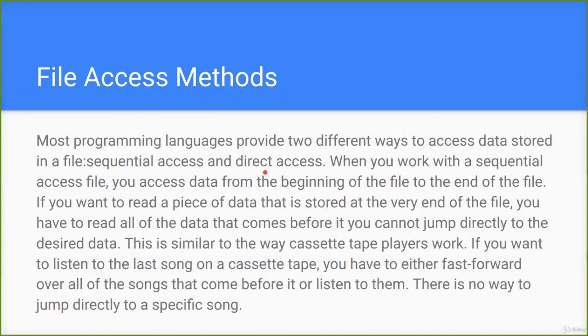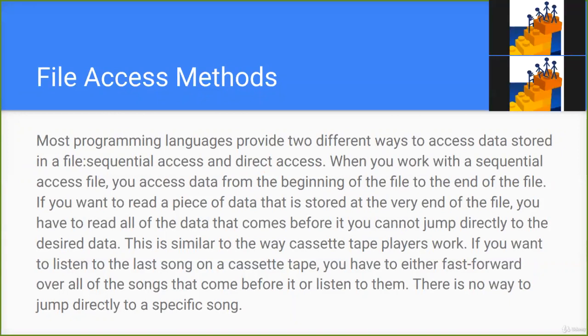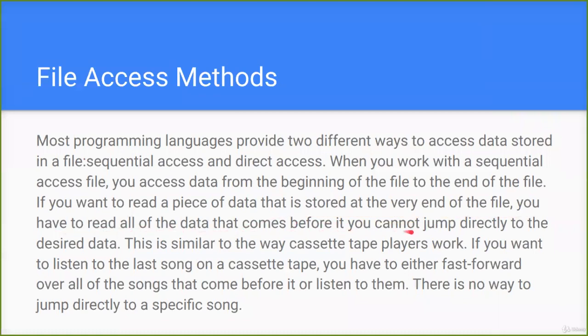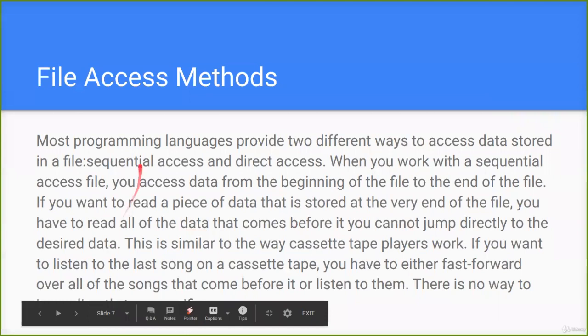Now, when we work with sequential access, you basically access data from the beginning of the file to the end of the file. If you want to read a piece of data that is stored at the very end of the file, you have to read all the data before it, and you cannot jump directly to your desired data. So that is one disadvantage with sequential access.